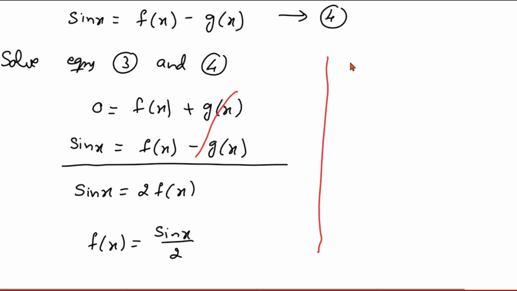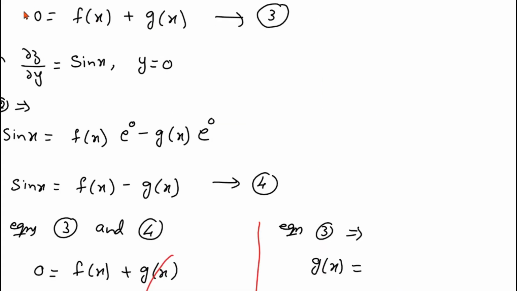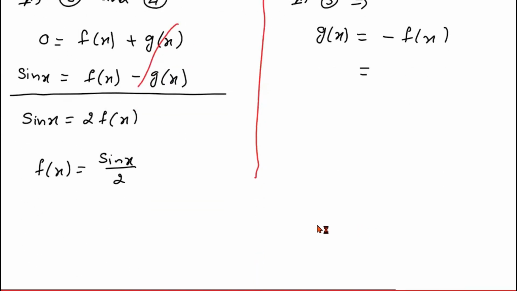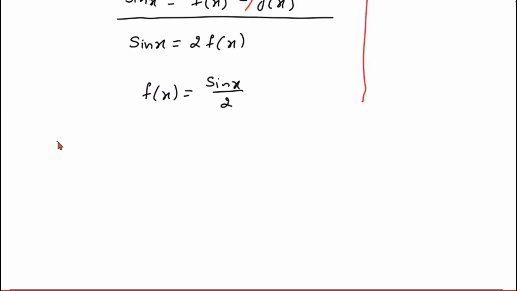So equation 3 implies g of x will be equal to, send this f of x to the other side, we will be getting minus of f of x. So we got the value of f of x over here, that is sine of x by 2. So therefore we have got the value of g of x is equal to minus sine x by 2. Substitute the values of f of x and g of x in equation number 1.